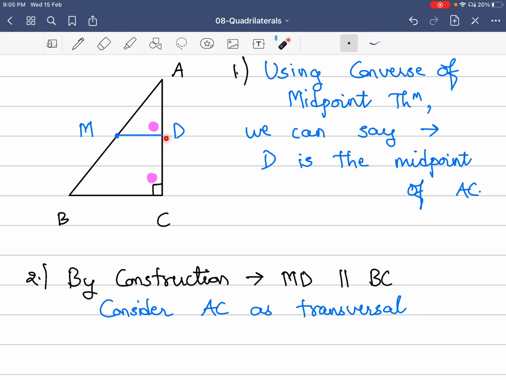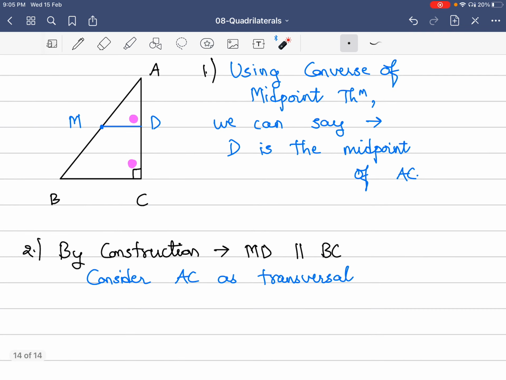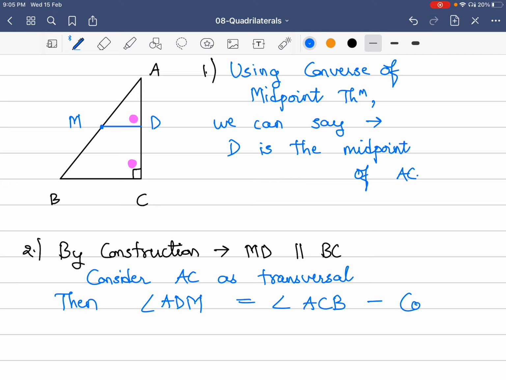Angle ADM will be equal to angle ACB because they are corresponding angles of that transversal, and we know that corresponding angles are equal to each other. But angle ACB is a right angle, which means it's 90 degrees.